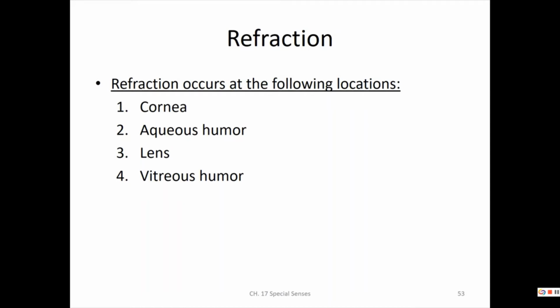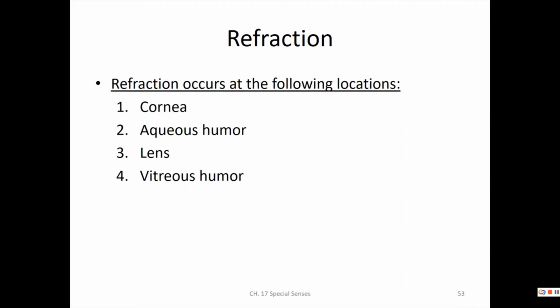The aqueous humor, if you have too much of it, can definitely mess it up. Your lens thickness, the lens is the major refraction area. It could be too thick or too thin and cause nearsightedness or farsightedness. And the vitreous humor, the fluid in the posterior cavity at the back of the eyeball, something you would talk about in lab.